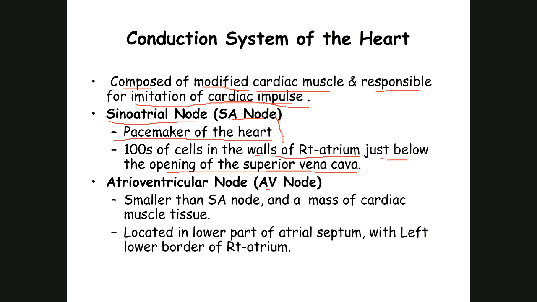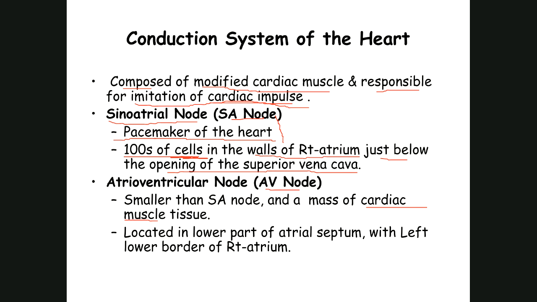Next, atrioventricular node or AV node. This AV node is smaller than the SA node, and it is a mass of cardiac muscle tissue. So what is it made up of? It is made up of cardiac muscles, whereas the SA node is made up of cells of the cardiac muscles. It is made up of cells.